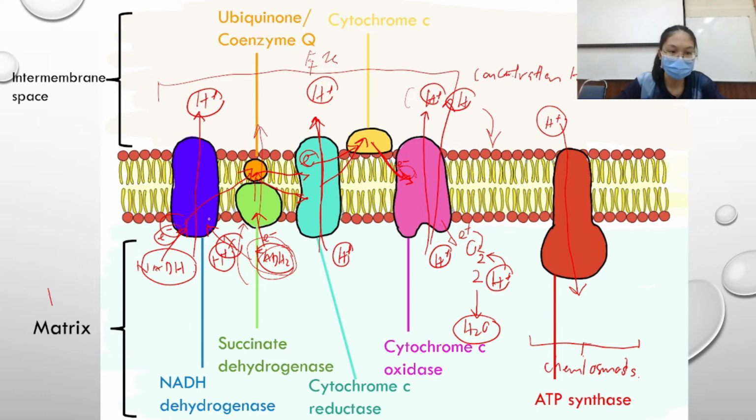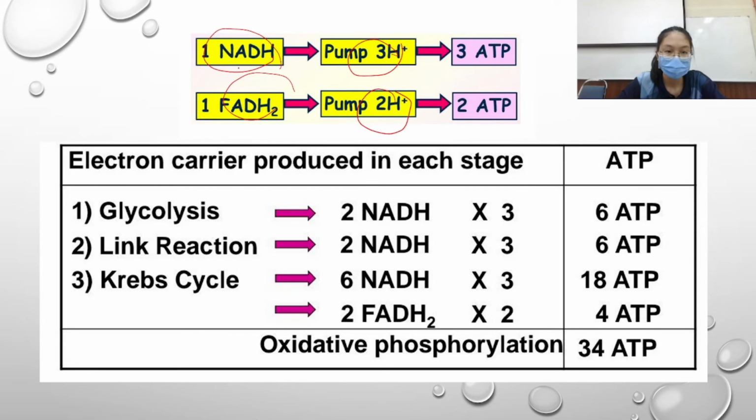So for NADH, it pumps 3 times. Here, this is the first time, the second time, and the third time. But for FADH2, it only pumps 2 times, which this is the first time, and this is the second time. So we can conclude that one NADH only pumps 3 H plus, and only 3 ATP is formed. And one FADH2 can pump 2 H plus, and only 2 ATP is formed.